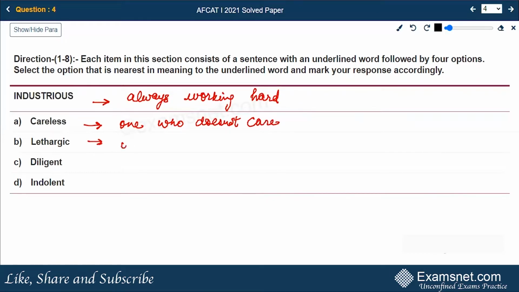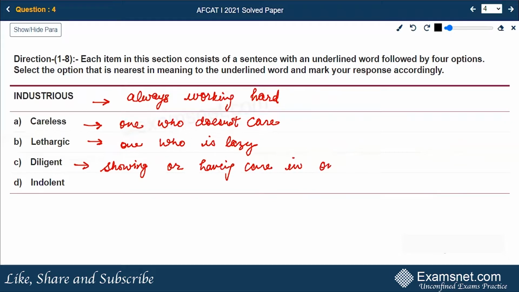Lethargic, one who is lazy. Diligent means showing or having care in one's duties.